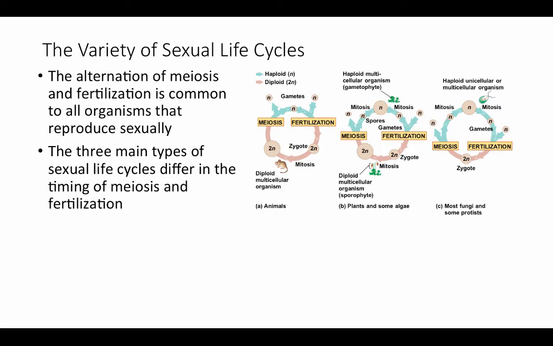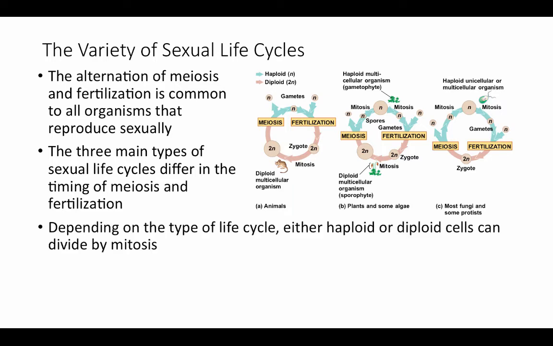So the 3 main types of sexual life cycles differ in the timing of meiosis and fertilization, and whether diploid or haploid or both phases result in a multicellular organism. So depending on the type of life cycle, either haploid or diploid cells can divide by mitosis.